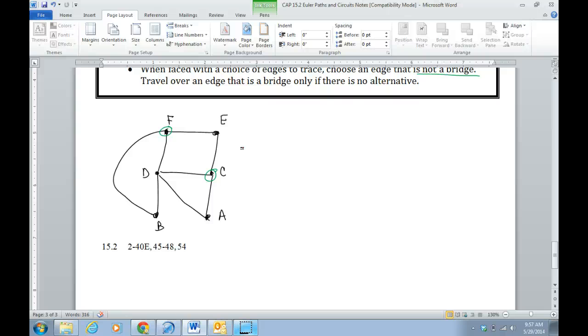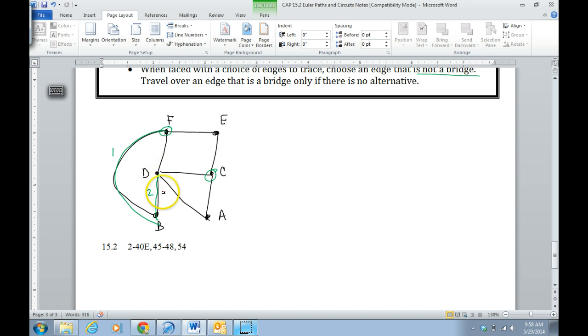Which one should we start? Doesn't matter to me. F? Okay, so going to F. I could go to D, B, or E. Which way? B? Okay, so I'm going to go this way. That's my first one. Okay, now I'm at B, and I only have one choice here. So obviously I have to go to D. There's no other option on that one.